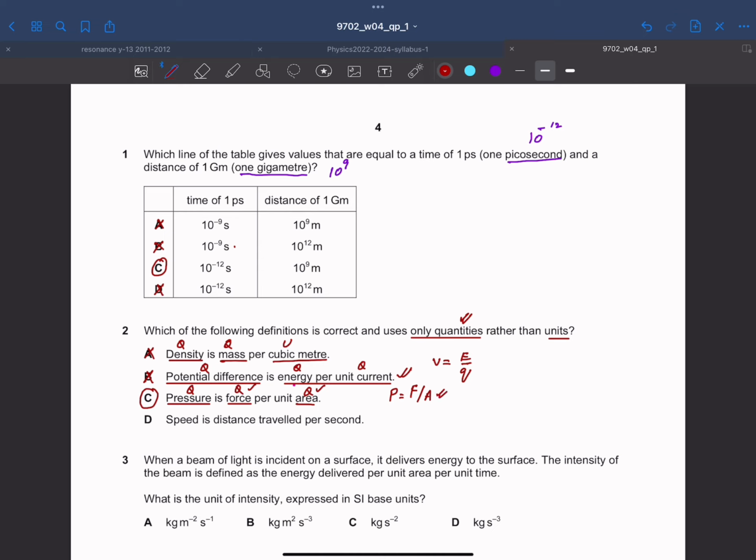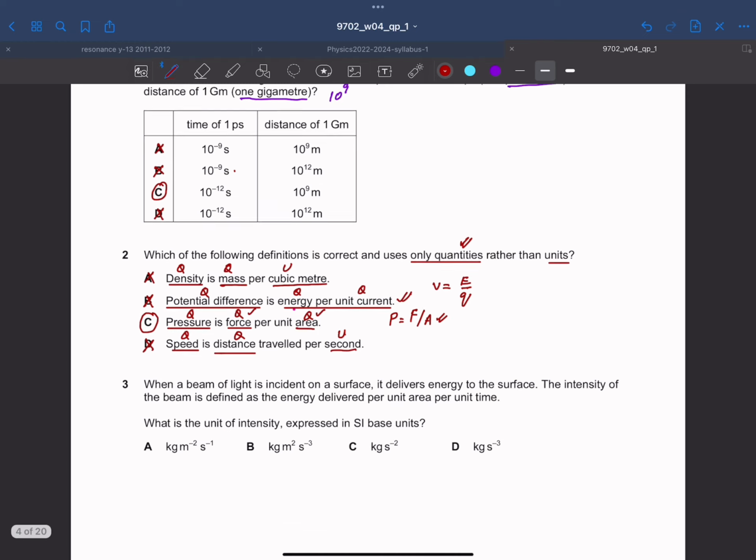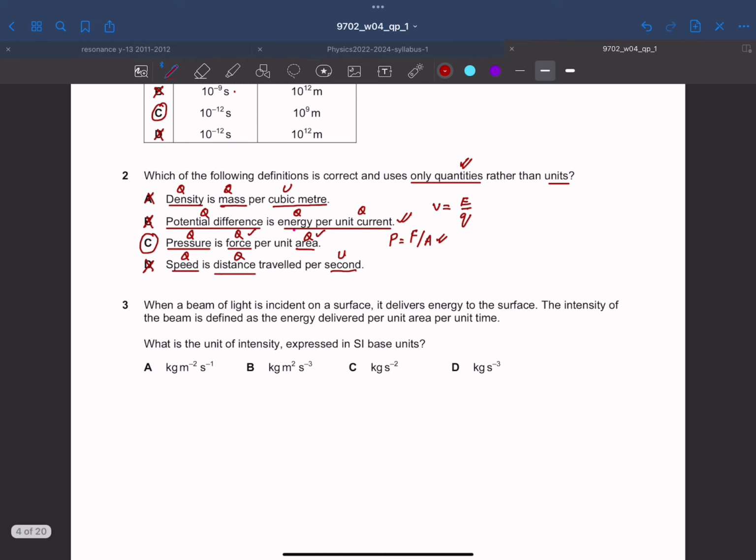As far as D is concerned, speed is of course a quantity, but here distance is a quantity, per second, so this is your unit. Again the condition is not being followed, so this is not the correct option as well. So be careful about which choice is our correct answer and fulfills all the requirements.